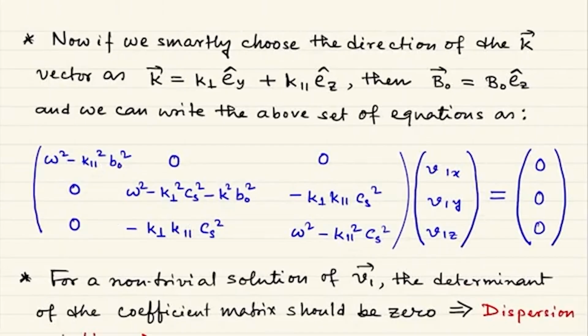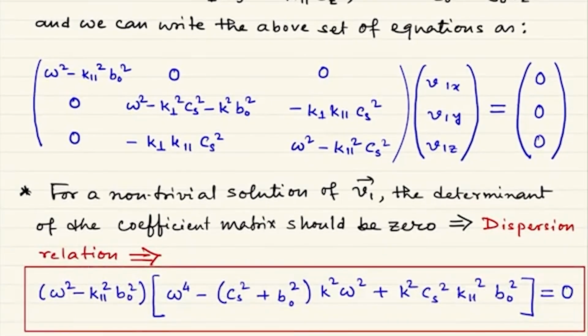Well, not exactly an eigenvalue problem, I am not really correct in that sense, but I am just checking how it behaves when omega is equal to k parallel B0. Then this part is 0.